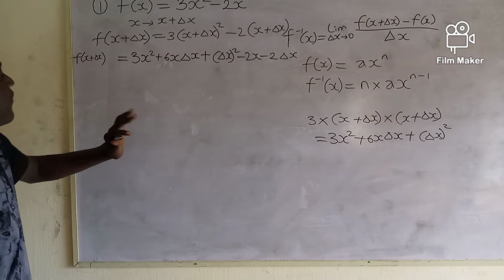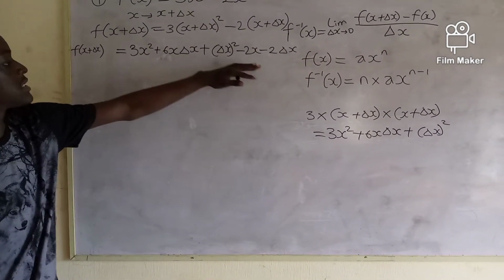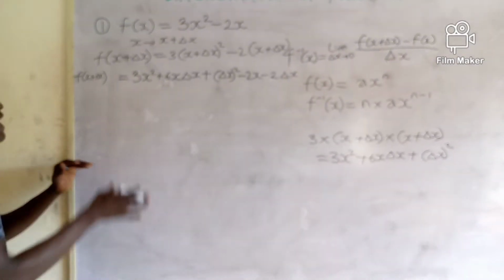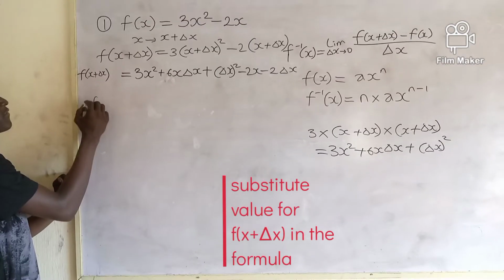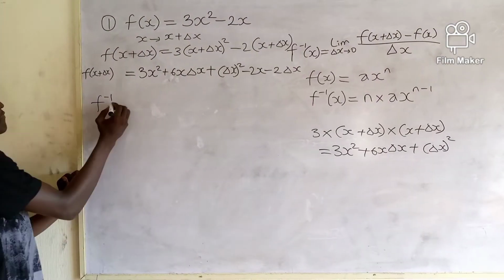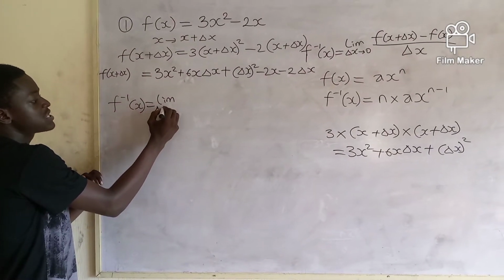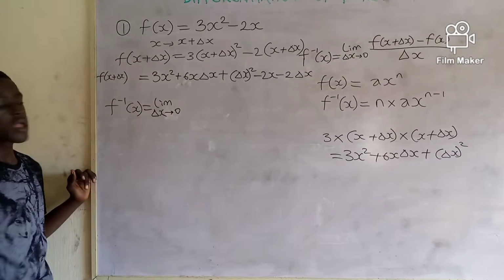Now let's check if there's any like term in this equation we have. Now we can't find any like term. We would carry this now to that formula. So the differentiation of the function of x is equal to the limit as the change of x approaches 0.